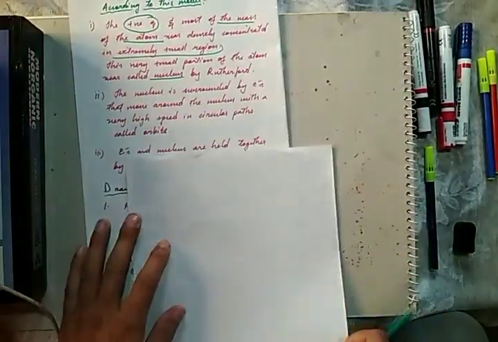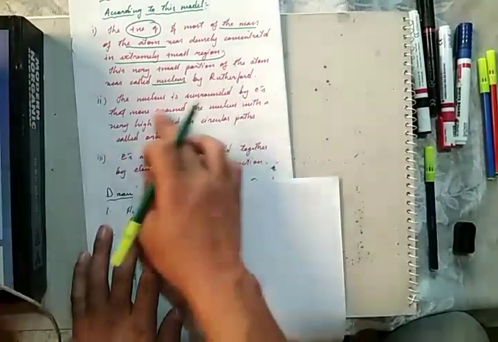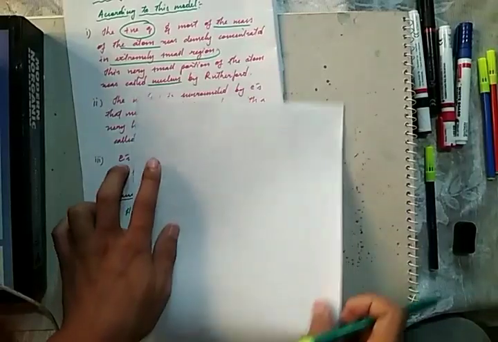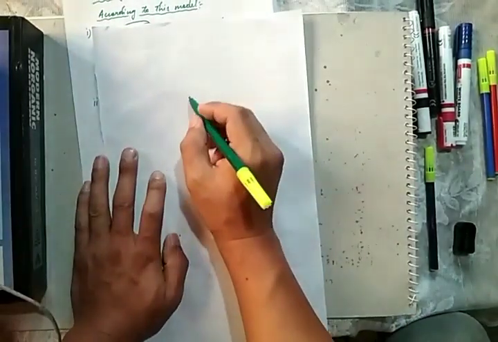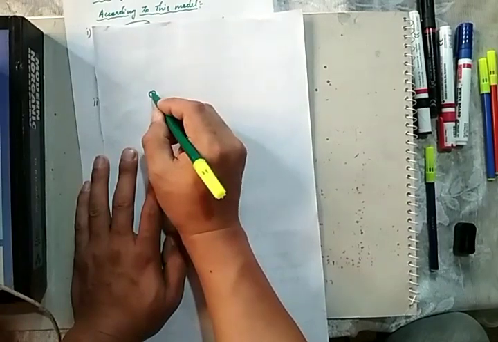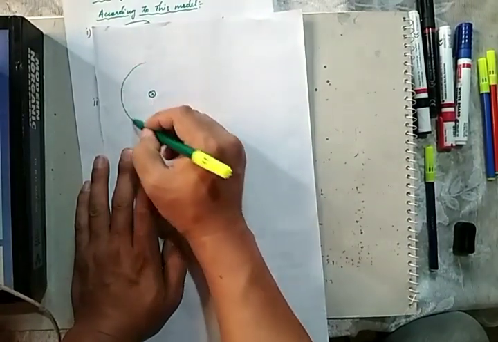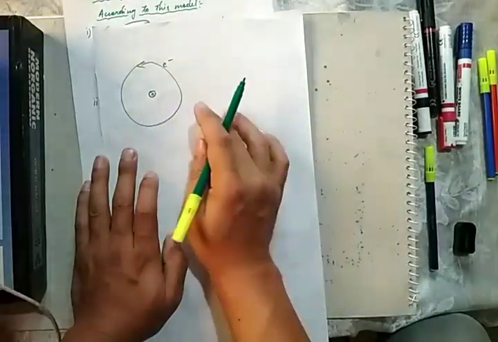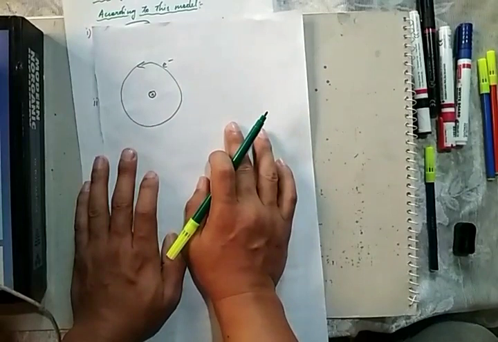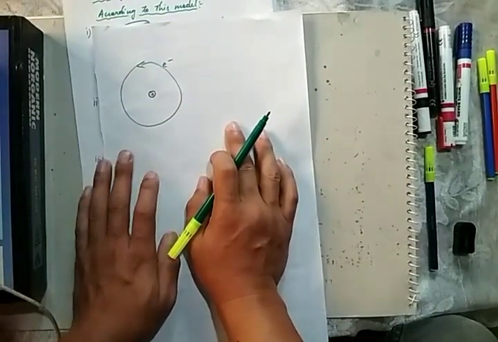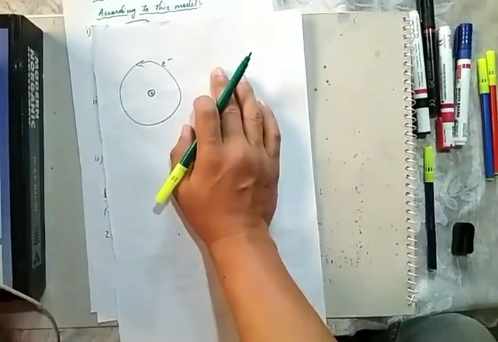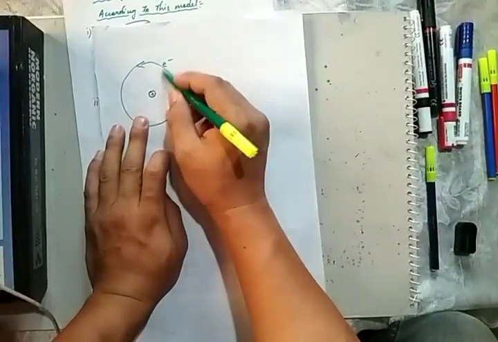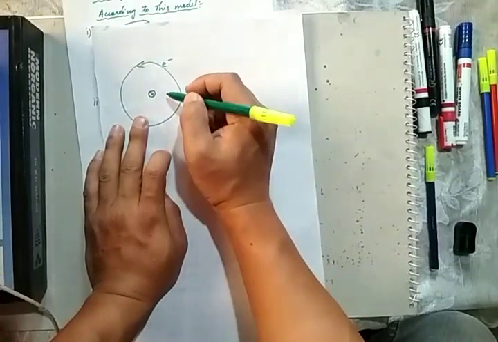He considered the nucleus to be surrounded by electrons that move around it with very high speed in circular paths. Let us consider this as the nucleus and electrons revolving around the nucleus. As said before, there is an electrostatic force of attraction between the electron and the nucleus.